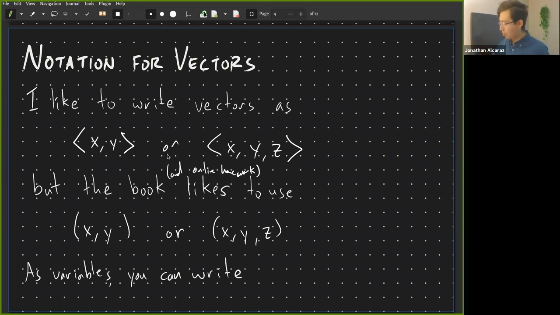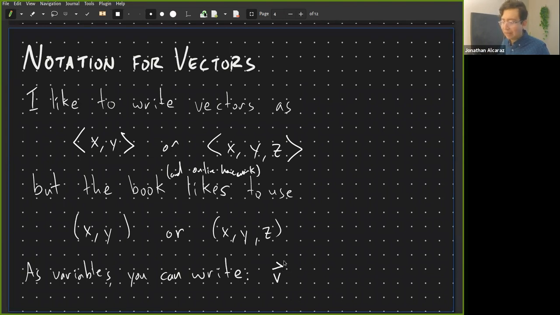If you're writing it as an ordered pair, but sometimes we just want to say, let this thing be a vector, and you don't always necessarily write the whole coordinate x, y, z or x, y. You're just going to write one symbol. In that case, I would write the name of the vector. Maybe v or w or u, those tend to be the letters we use for vectors.